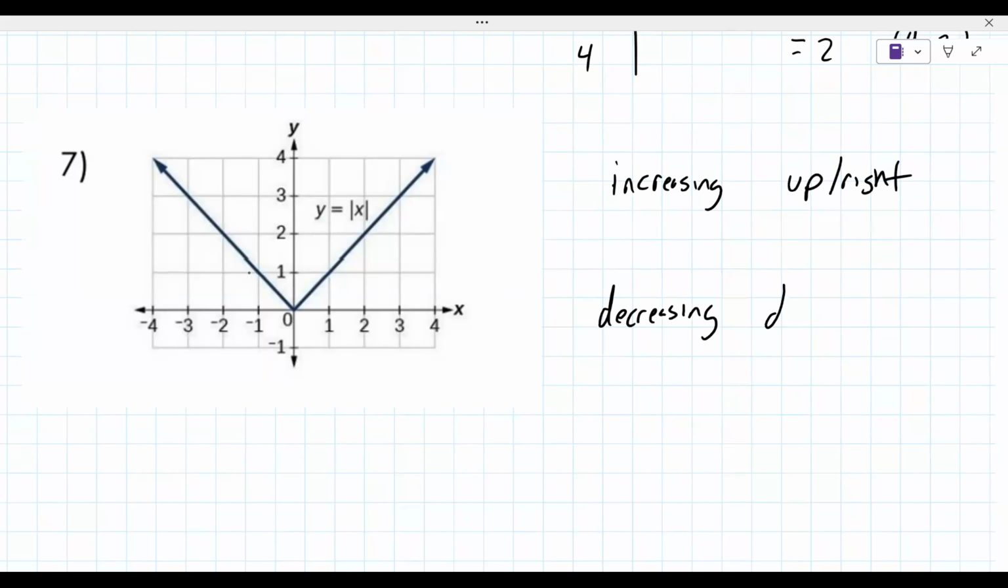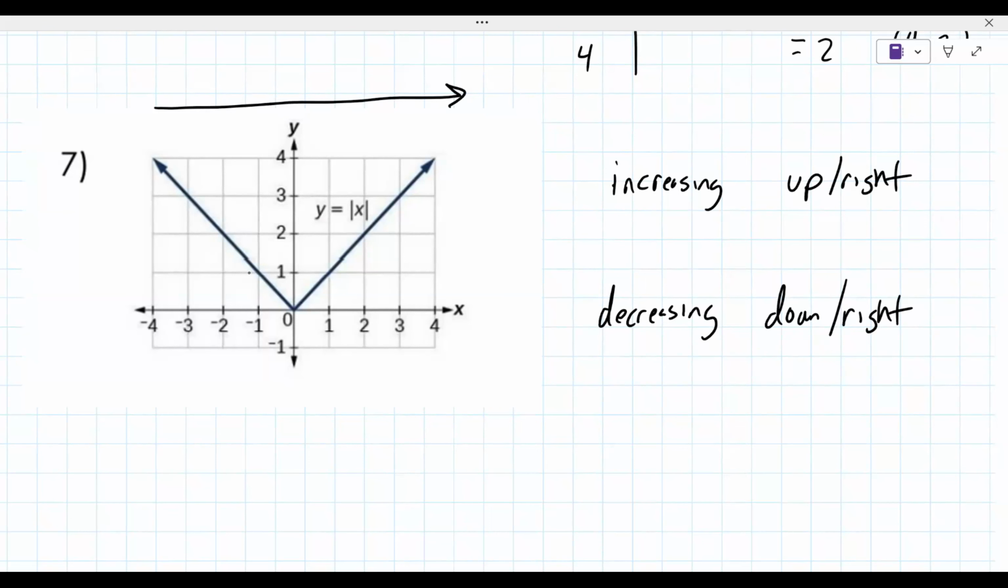It's decreasing if it's going down and to the right. So you always think of it as traversing to the right. Don't ever move to the left. It's always to the right.